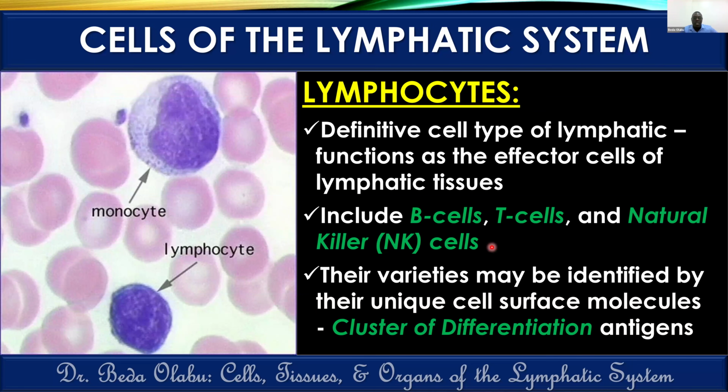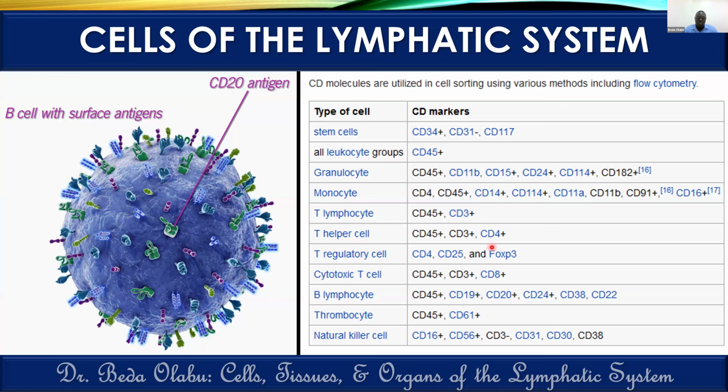One of the ways of distinguishing them is by looking at the type of antigens they express on their cell surface. This type of antigens expressed by white blood cells are called cluster of differentiation, commonly abbreviated as CD. Let not that confuse you with another CD that you might be knowing.